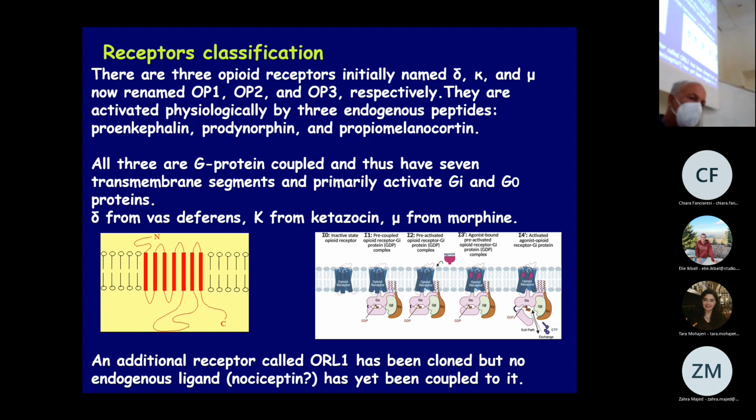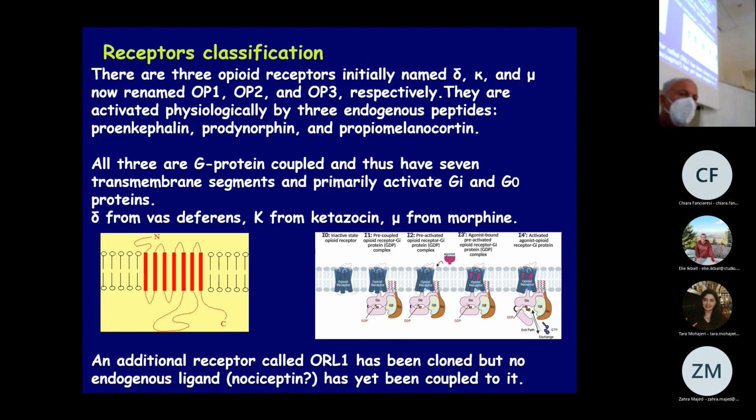But it is not true. All the three receptor subtypes are involved in the severe side effects.